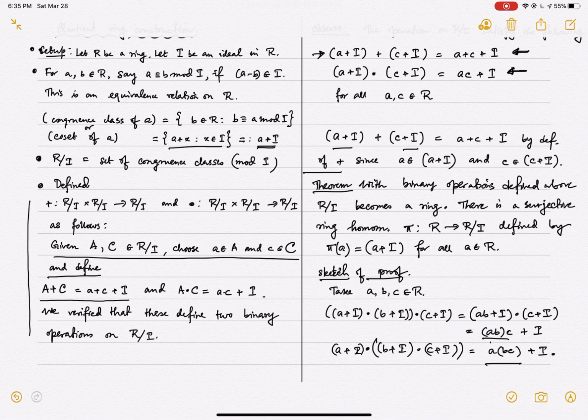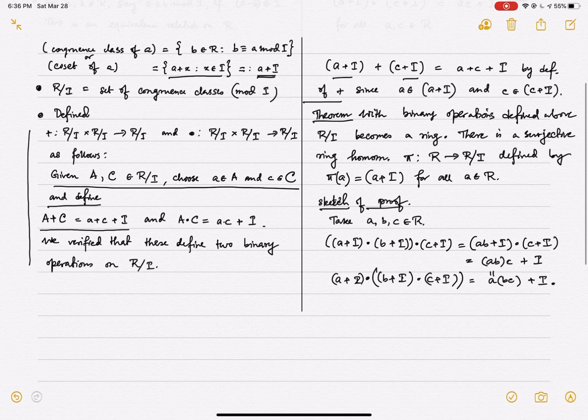So you have associativity, and you can check all the axioms this way. Similarly, verify the other ring axioms.